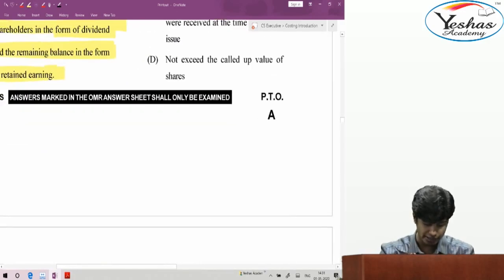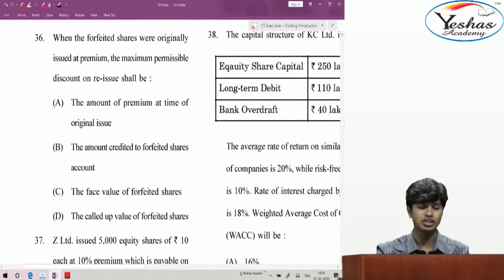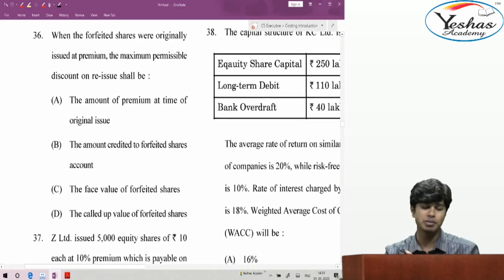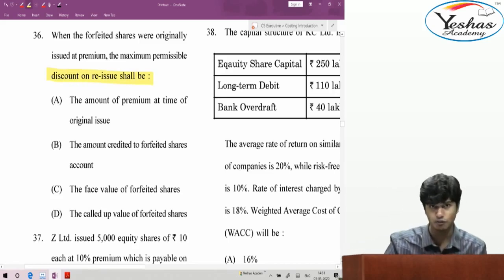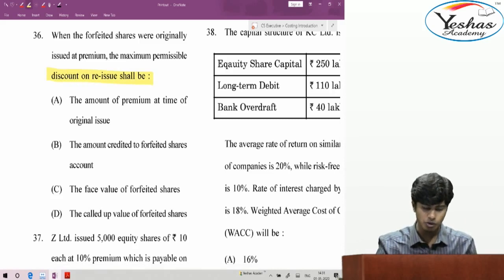Let's go to question number 36. When the forfeited shares were originally issued at premium, what is the maximum permissible discount on reissue? It is the amount which is not received from the previous shareholder. So what would that be? Amount of premium at the time of original issue? No. Amount credited to forfeiture account?